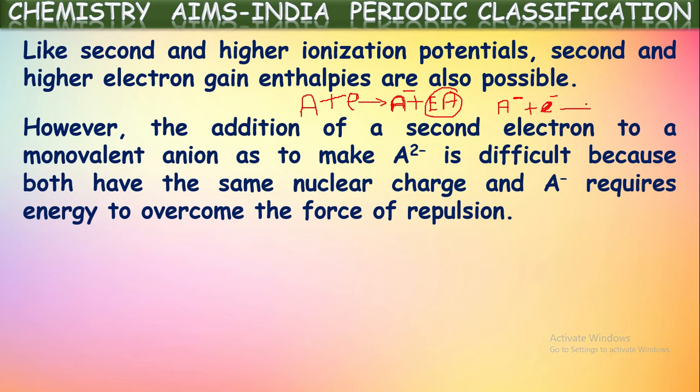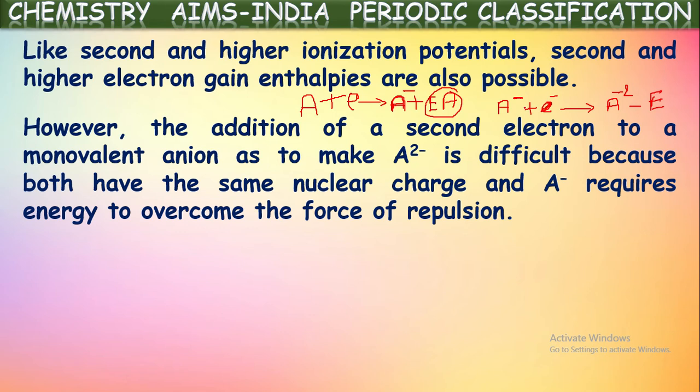Then instead of releasing energy, this A minus ion requires an amount of energy to overcome these repulsions between the incoming electron and the already existing electrons. That is why we say second and higher electron affinities require energy. That means they are endothermic, whereas first electron affinity is only an exothermic process.